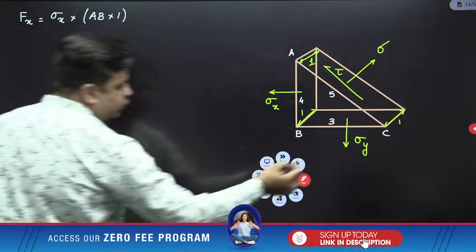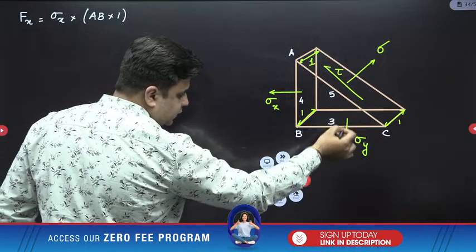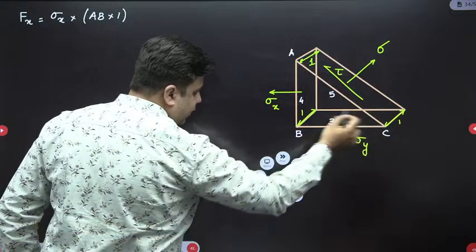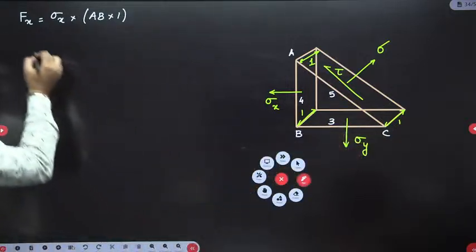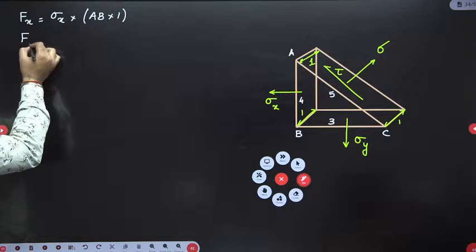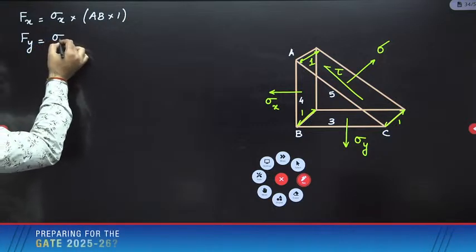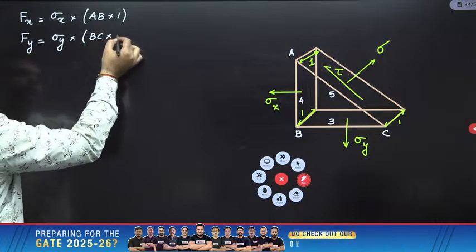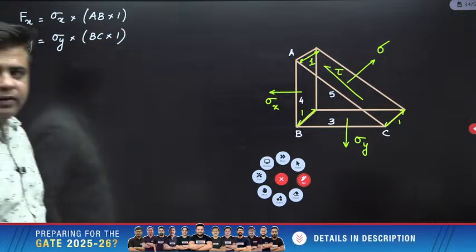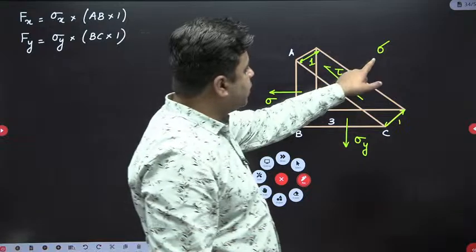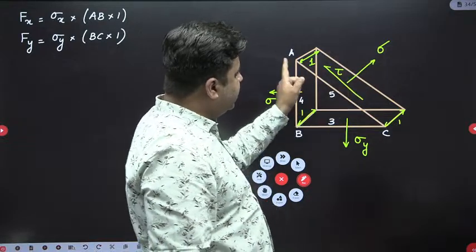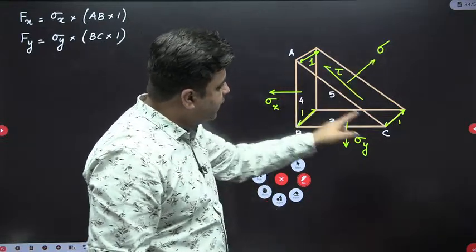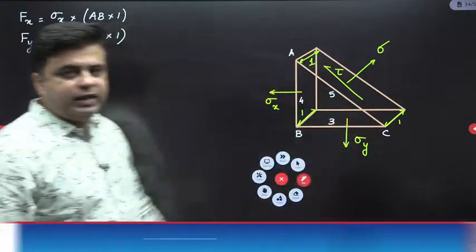Now force due to the sigma y is stress multiplied by the area over which this sigma y is acting. So force due to sigma y is Fy is equal to sigma y into BC into 1. Now force due to this normal stress sigma n will be equal to this normal stress multiplied by the area of this plane AC.